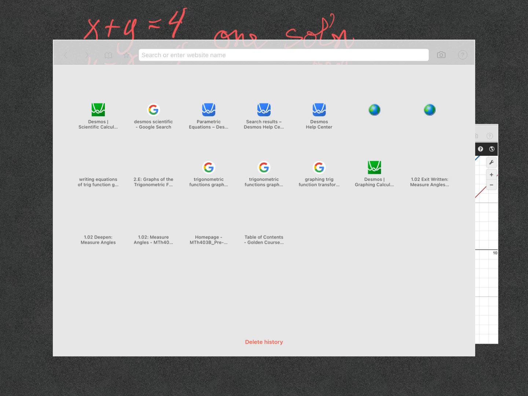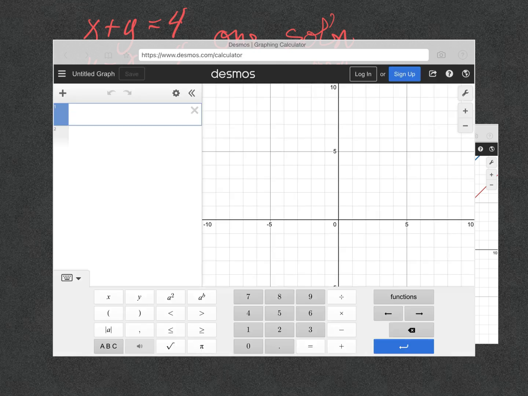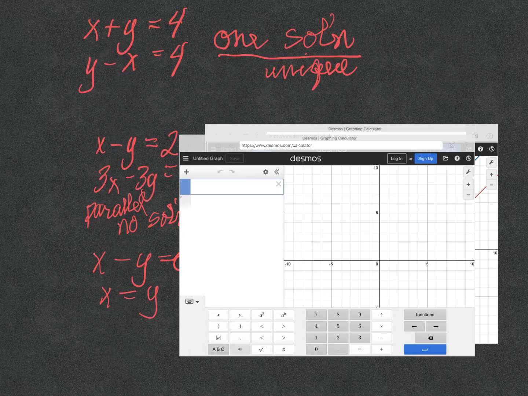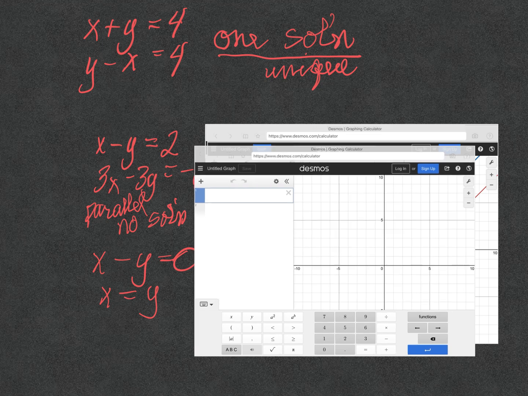Anyway, let's go ahead and do the last problem now, which is x equals y, and then x minus y equals 0. And when you look at that, this only gives you one line.